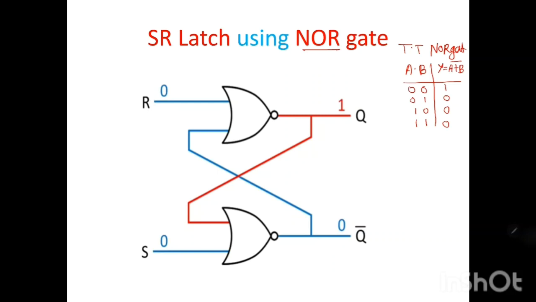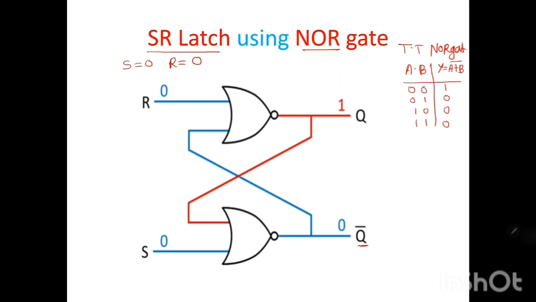In the SR latch, the first condition is, suppose S is equal to 0 and R is equal to 0, and suppose the initial values are Q bar is 0 and Q is equal to 1.